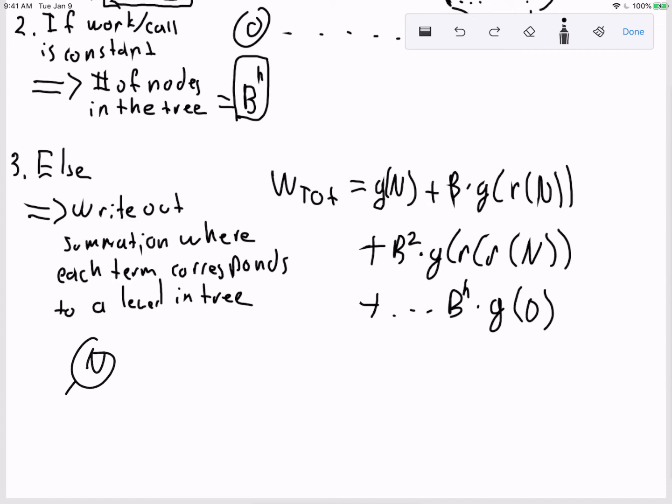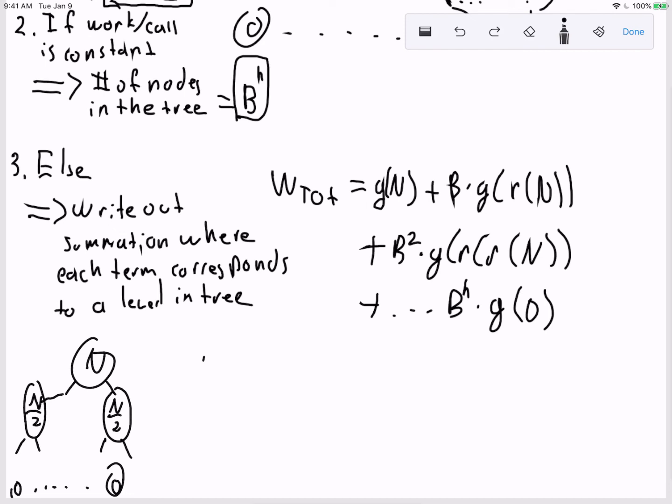And remember, it was n over 2 for our case. N over 2. I guess I could have drawn it better. N over 2. And then it would be n over 4, but I don't have enough space, so I'm not going to write it. And the bottom layer is going to be a bunch of zeros. Or ones, it doesn't really matter.